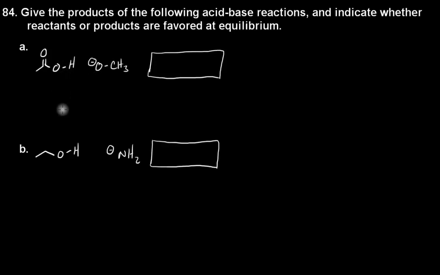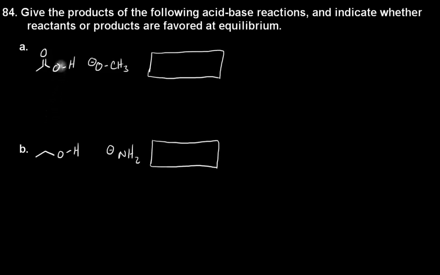So we can do this the intuitive way first, and then we'll do it the rigorous numerical way. One of the things we said before was that if you're comparing the same atom, then in general having something that's negatively charged is going to make it more basic than having something that's neutral. So in this case we're comparing kind of apples to apples, but not really.